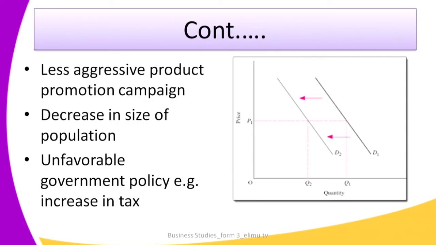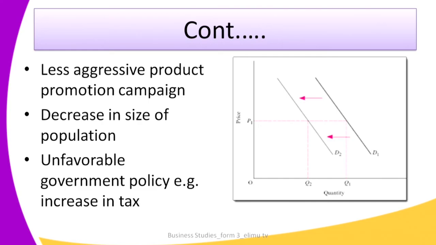The other one is unfavorable government tax. For instance, an increase in the tax of a product. Remember, the higher the tax, the higher the price of a product, because the producer must always make a profit. So the amount of tax that is paid to the government is accounted for when the final price of the product is being determined.